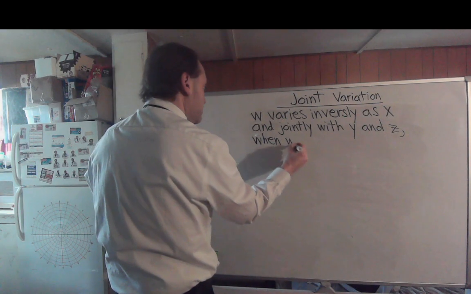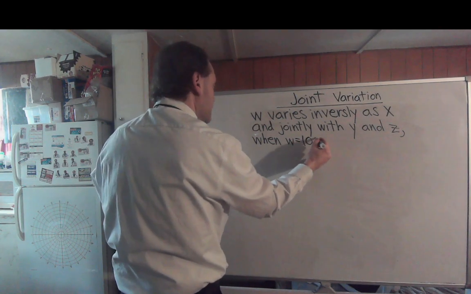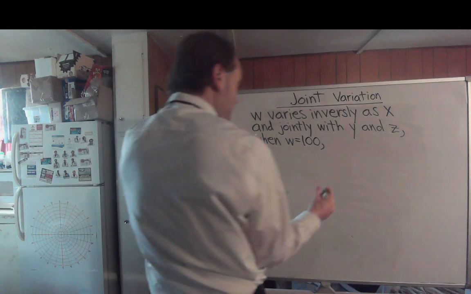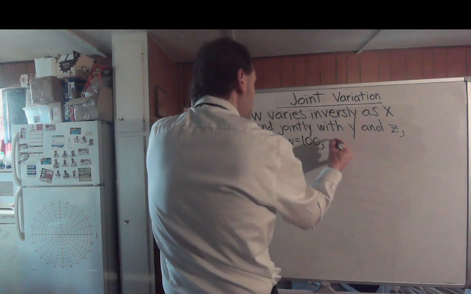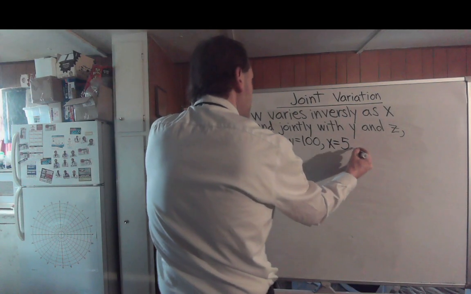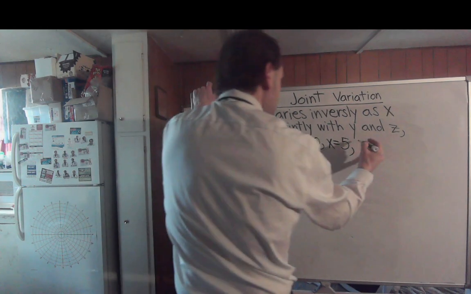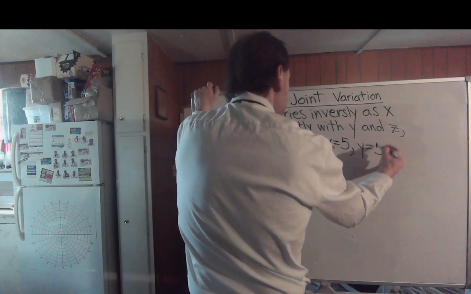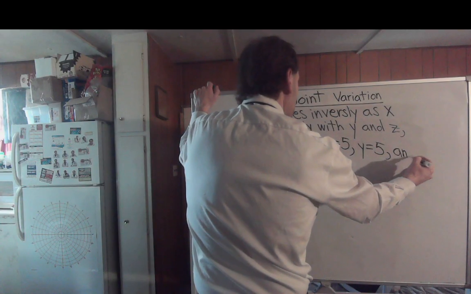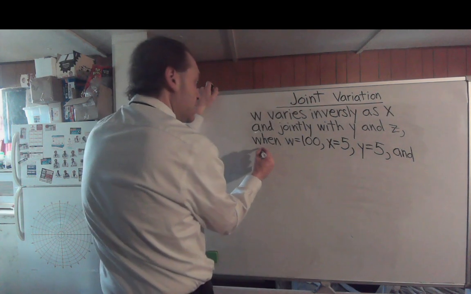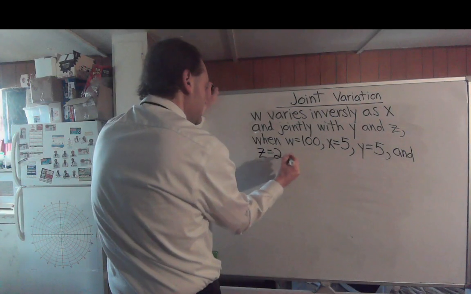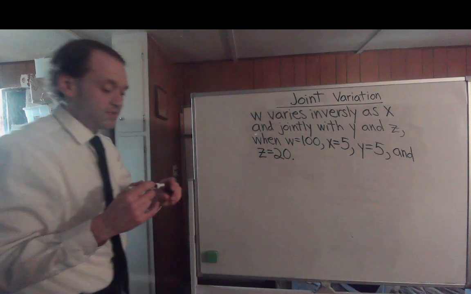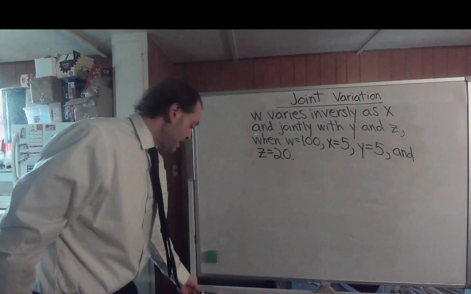When W equals 100, x equals 5, y equals 50, and z equals 20. So we got some bigger numbers involved this time, but here's the problem.